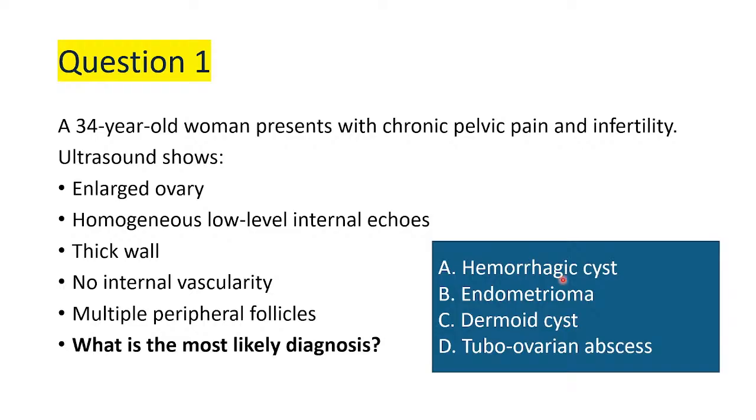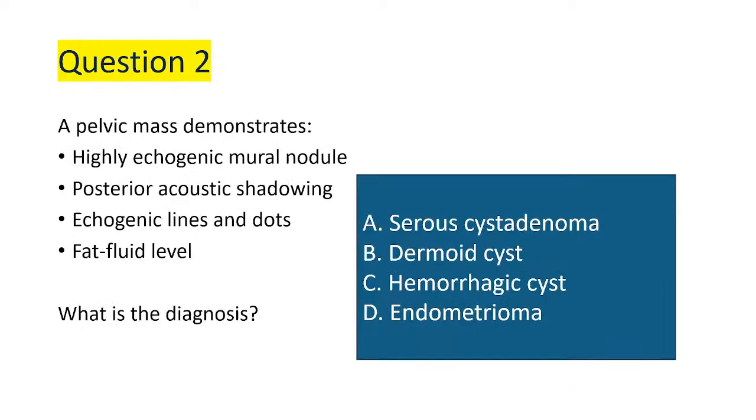A. Hemorrhagic cyst. B. Endometrioma. C. Dermoid cyst. And D. Tubo-ovarian abscess. So, what is the most likely diagnosis?